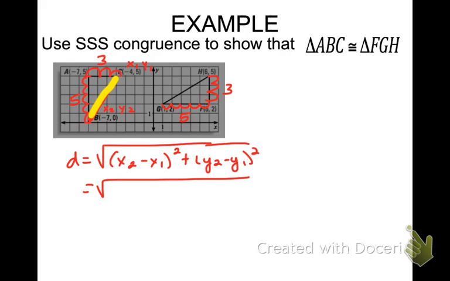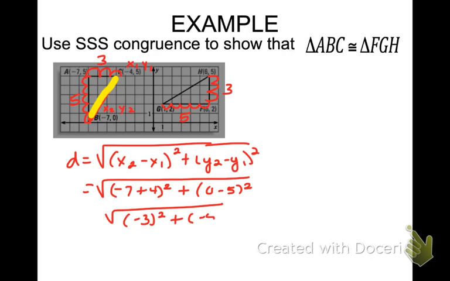So we have my x sub 2, which is negative 7, minus a negative 4, so plus 4 squared, plus my y sub 2, which is 0, minus 5 squared. Negative 7 plus 4 is negative 3, then I'll square that, and negative 5, I'll square that. So I get 9 plus 25, which is the square root of 34. Can't simplify that.